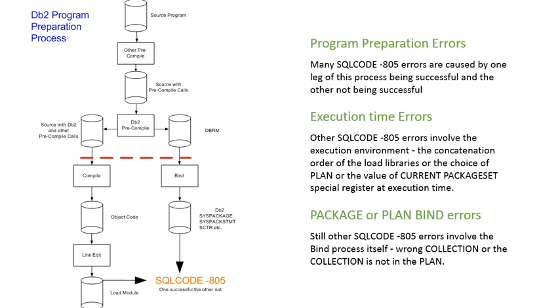The DB2 program preparation process is often the source of many SQLCODE -805 errors. It starts with the source program that is input to some other optional precompile process, such as CICS. The output is the source with precompile calls, and that goes into the DB2 precompile process.